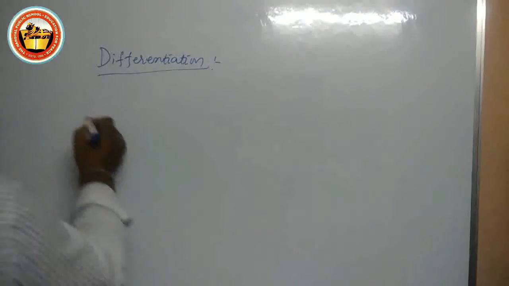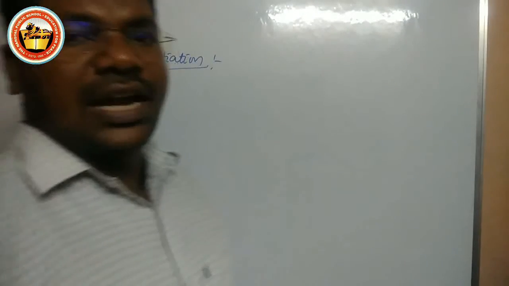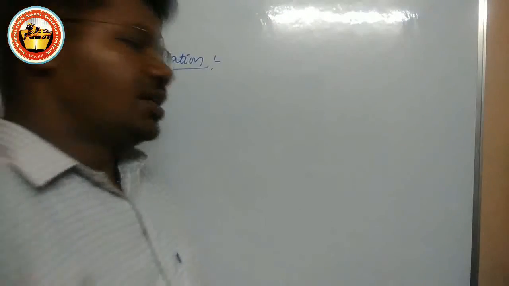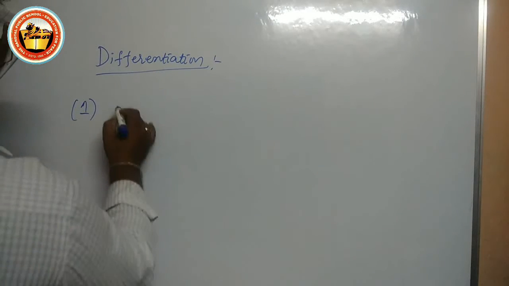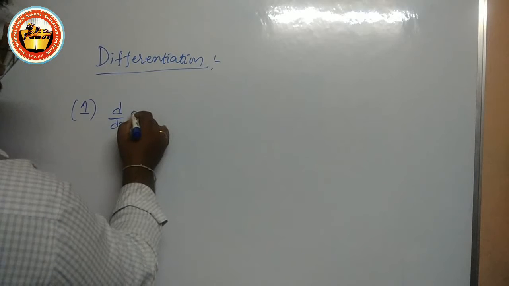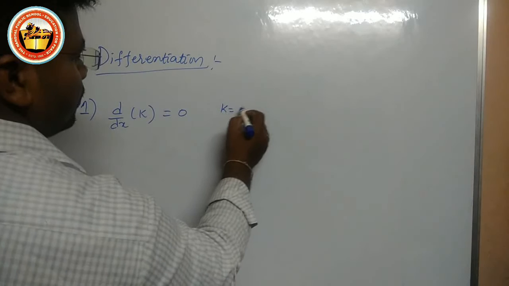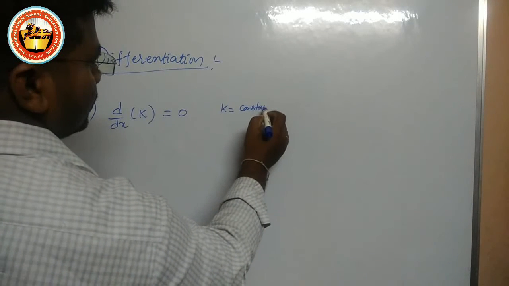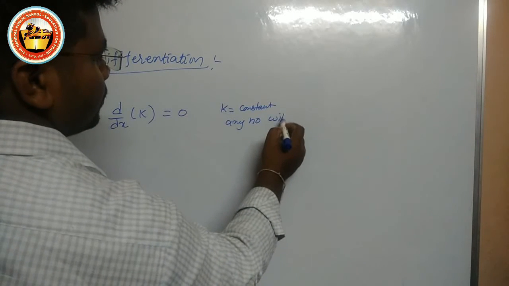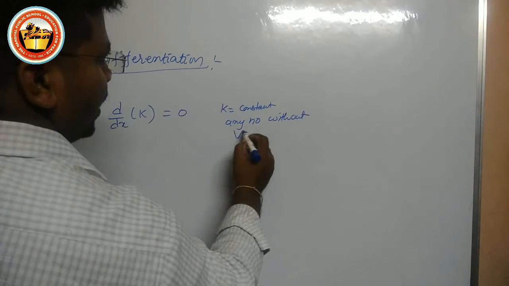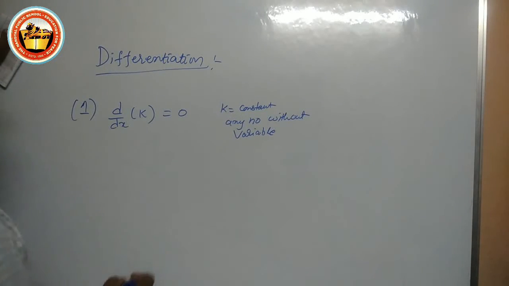First one: the differentiation of any constant or any number, d by dx of a constant k, becomes 0, because there is no variable.